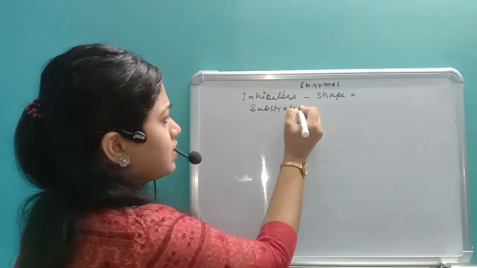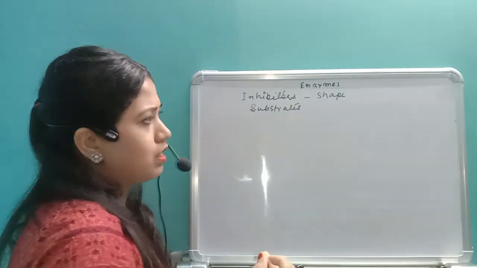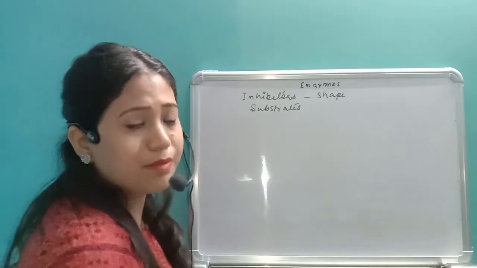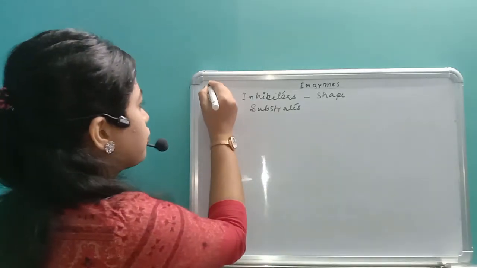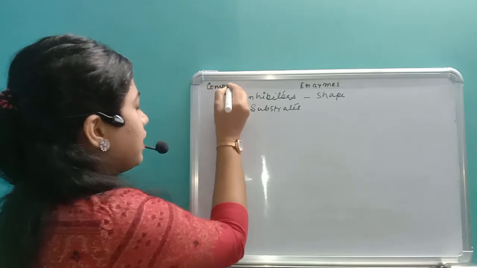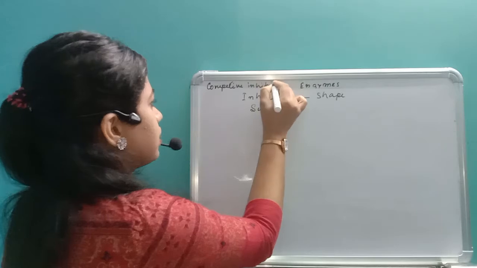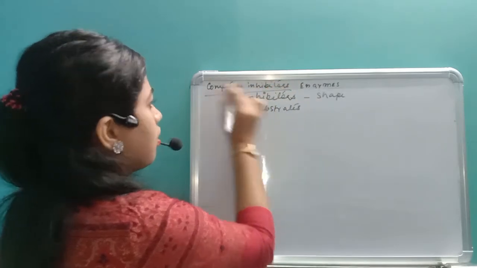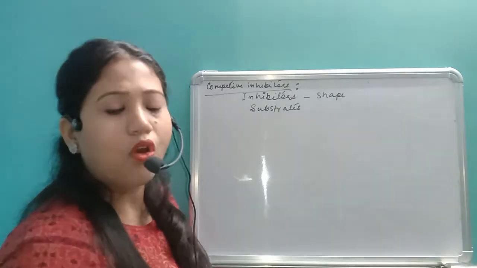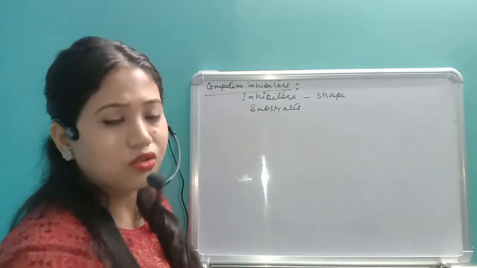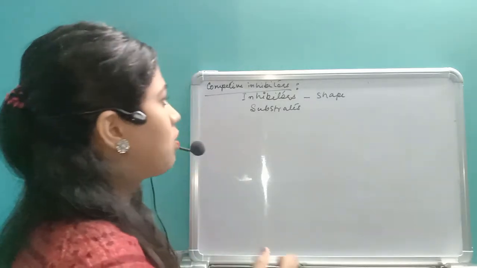They are going to have the same shape, so they can compete for the same active site of an enzyme. We are discussing the first one, that is competitive inhibitor. Inhibitor means something which is decreasing the enzyme rate, or decreasing the product, or the reaction is decreasing. So this will be called an inhibitor.